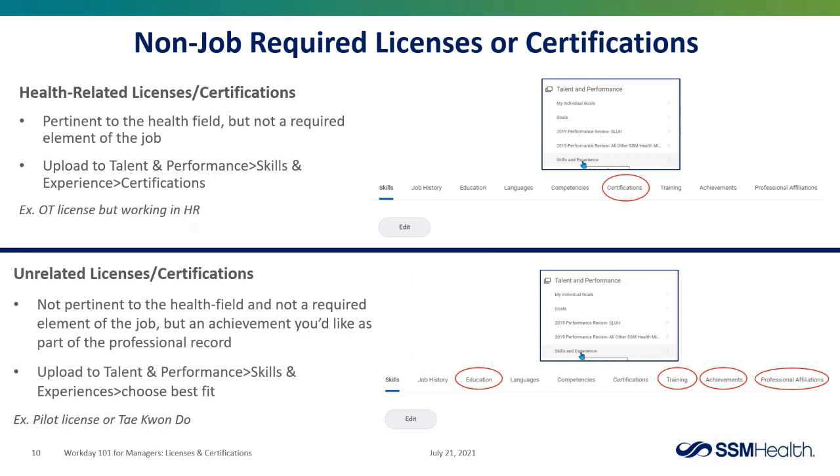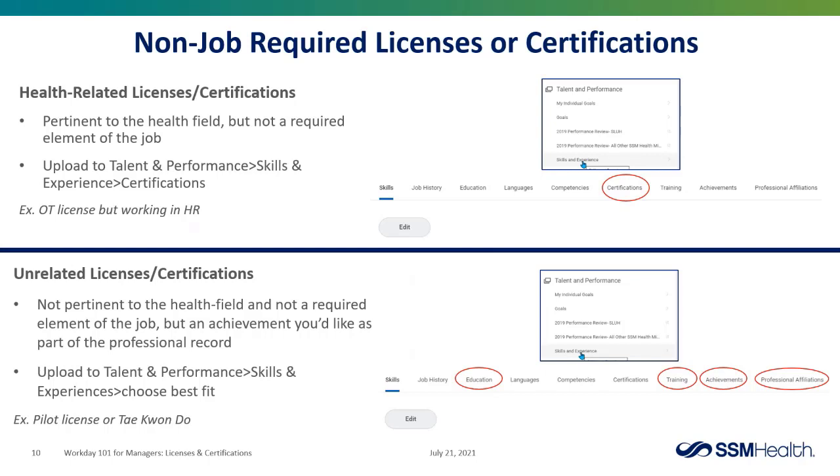Then there are also other tabs that show education, training, achievement. So if you have another type of license that's not health related or unrelated to the field, those can be entered so you have that information out there.